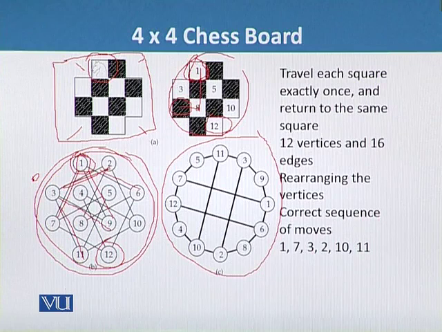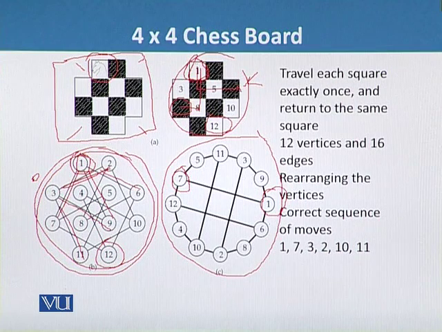Now if we consider that the horse is at position number 1, it will first move from 1 to position number 7, and we can see here that it can move very easily from position number 1 to position number 7.